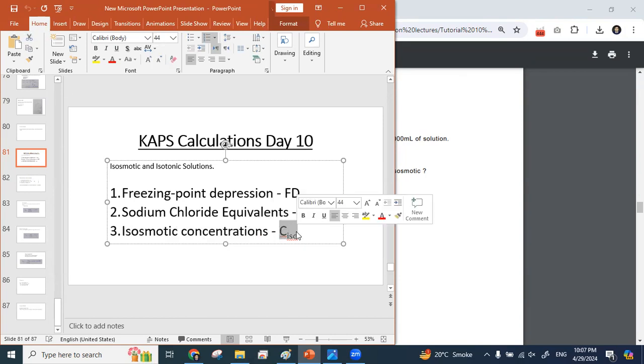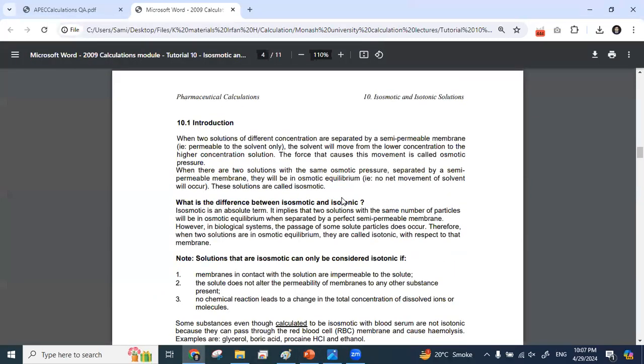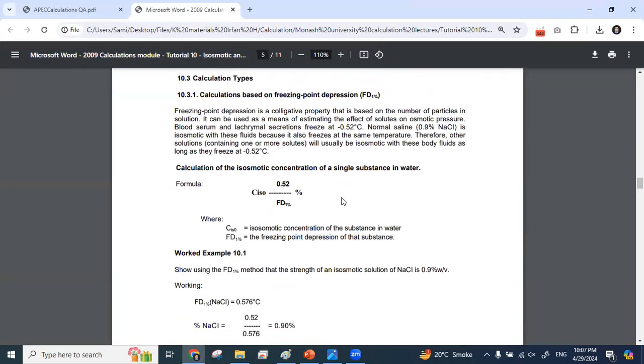The symbol is CISO. For sodium chloride equivalent, we say SCE, and for isosmotic concentrations, we will use CISO. All of these values are going to be there. There is some theory in this chapter. The first page is theory.